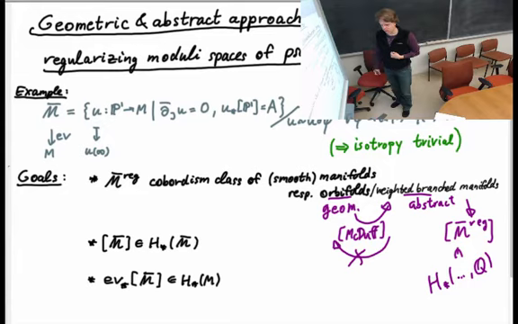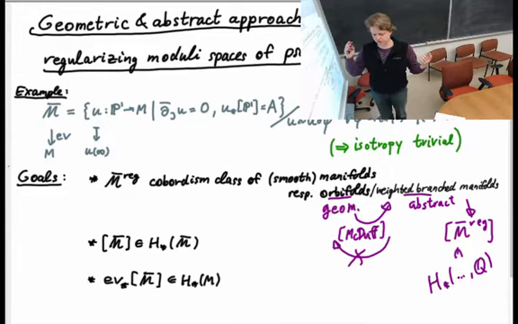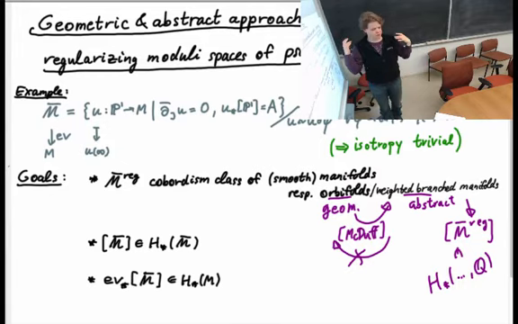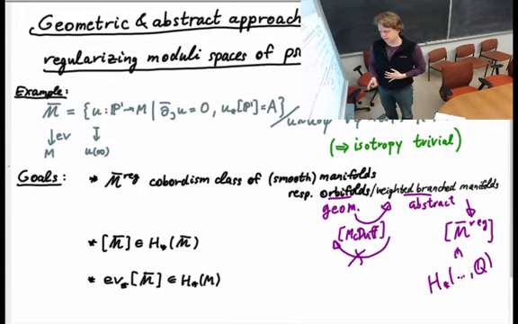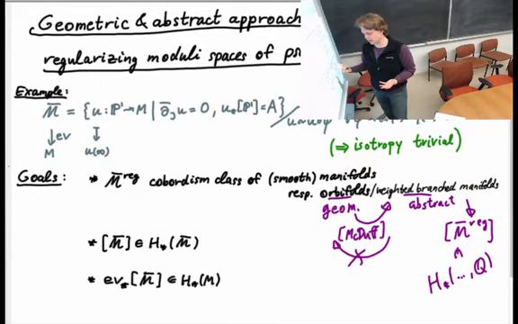And I want to give these names because we've seen a lot of words like fundamental cycle, fundamental class, virtual fundamental class, and I'd like to keep these apart. If you actually have a manifold, that's a cycle.